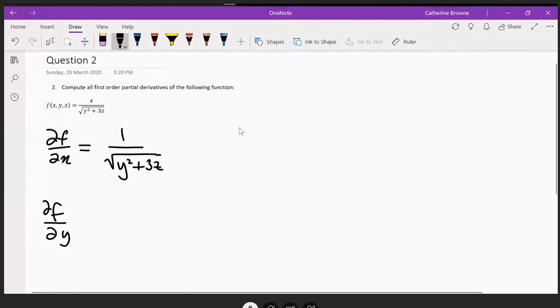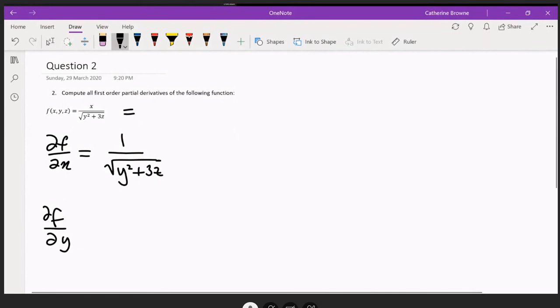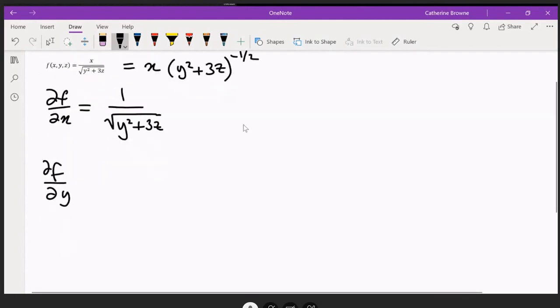And so for this, I might find it useful to write it as x times y squared plus 3z to the negative 1/2. So to differentiate with respect to y, bringing down the half, nothing happens to the x.